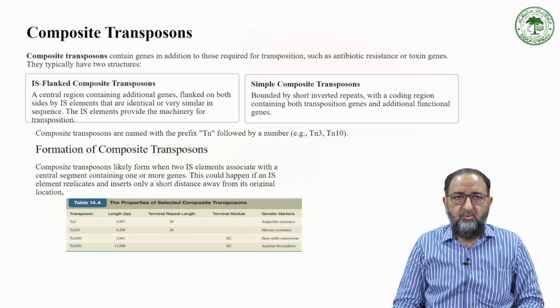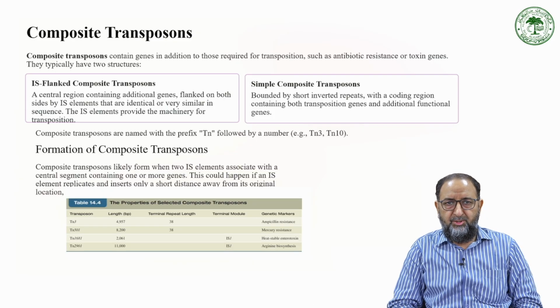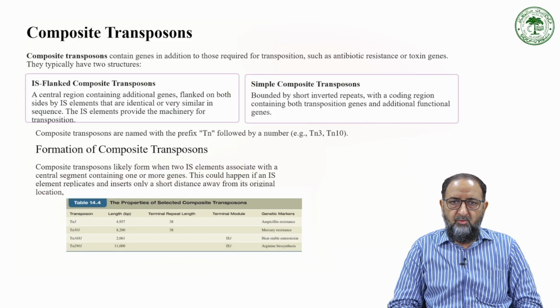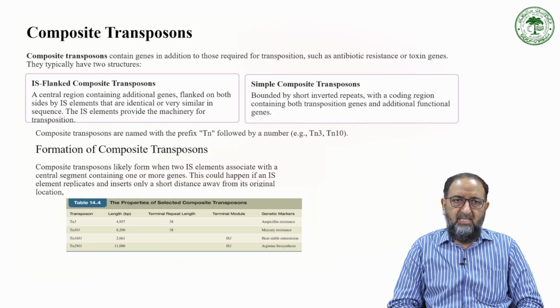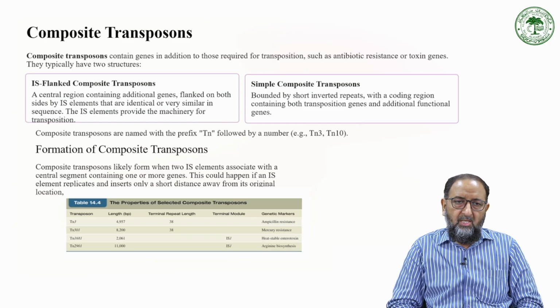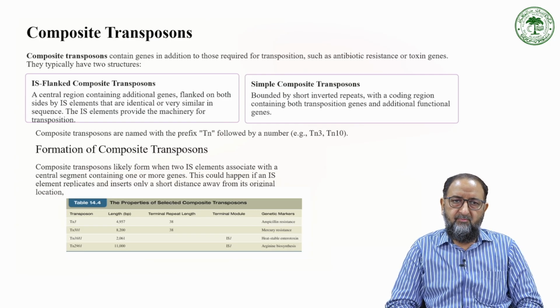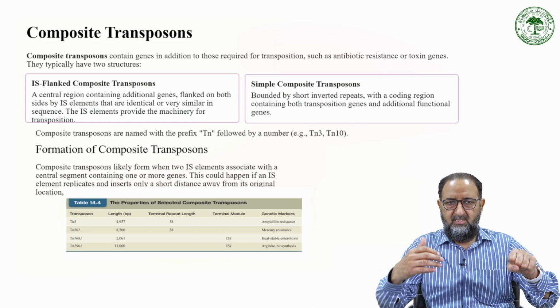Basically, composite transposons contain genes in addition to those required for transposition, such as antibiotic resistance or toxin genes. They typically have two structures: IS-flanked composite transposons and simple composite transposons. IS-flanked composite transposon means that you have two insertion sequences in the flanking regions, and then we have a transposon.